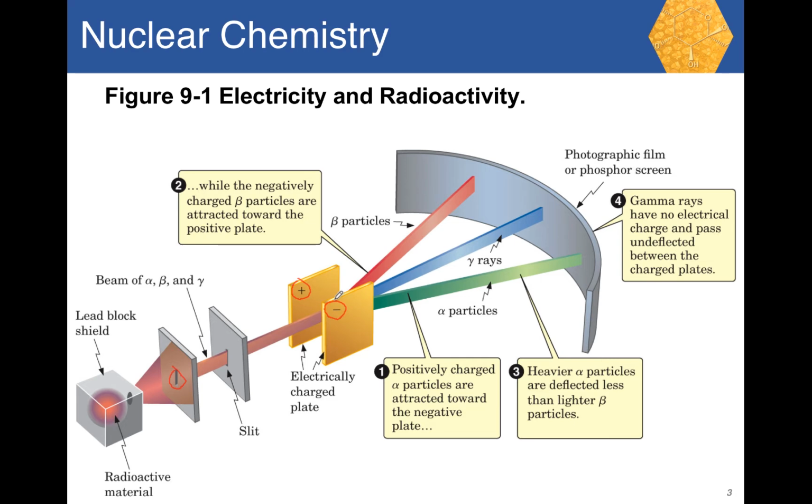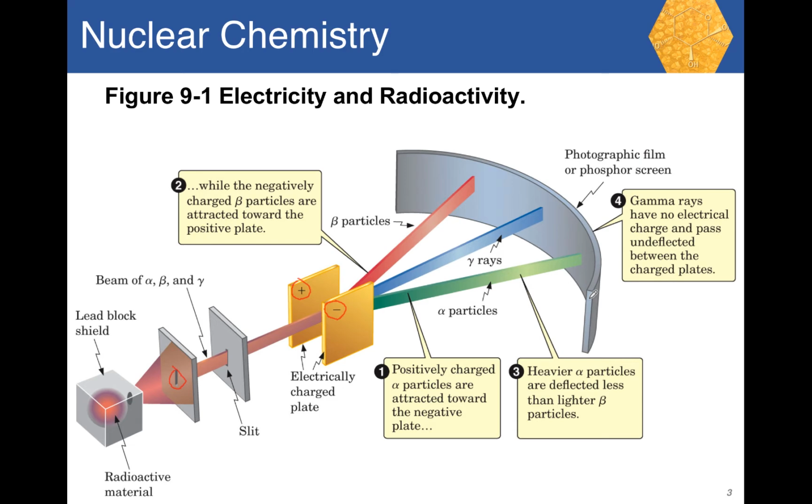He had a photographic plate back here, something that could detect light and radiation. This was all enclosed in a dark box where there's no light, so he would not expect any development on the photographic film.